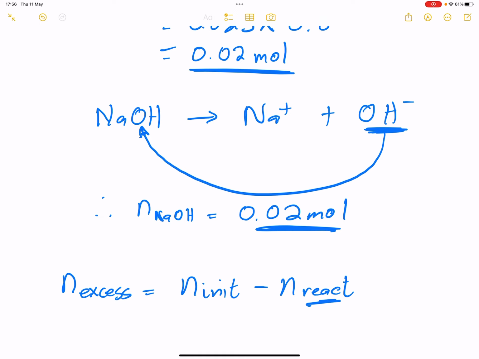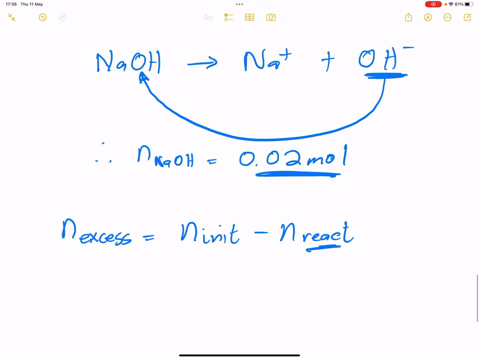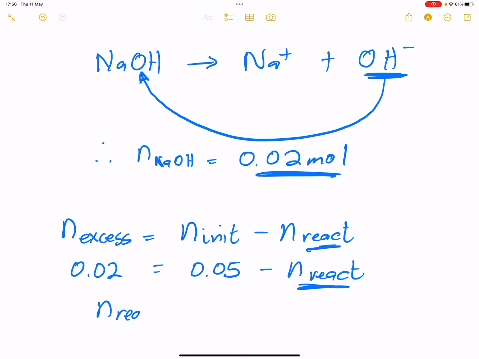In this case, I've got in excess 0.02. Initially, I had 0.05. So I want to know how many reacted. You can see that the number of moles that actually reacted were 0.03 moles. Now, ladies and gents, this is important.